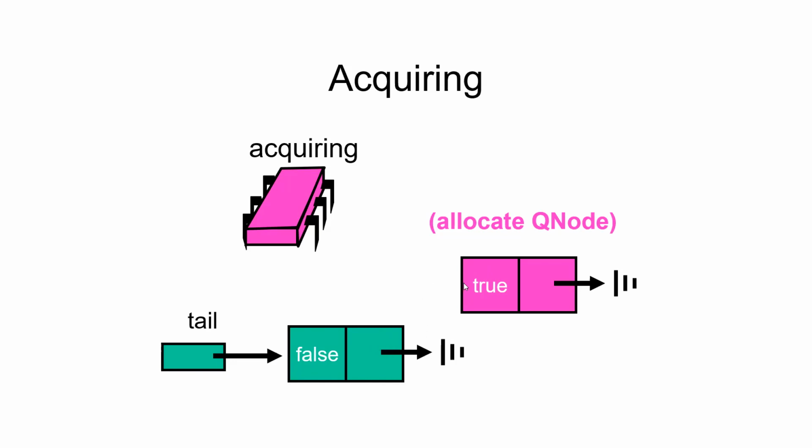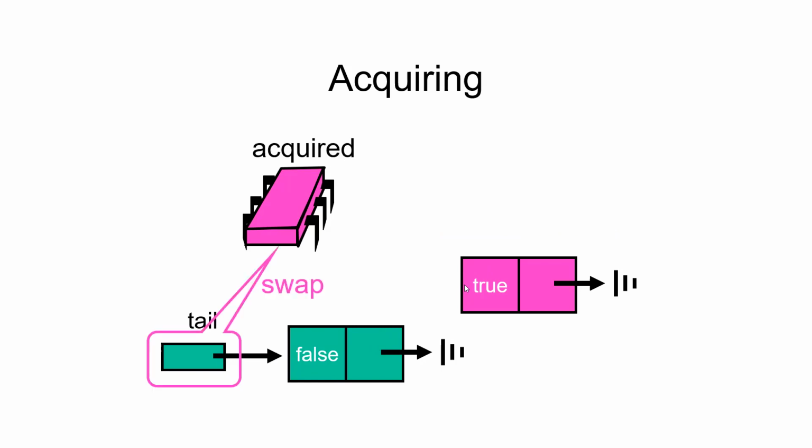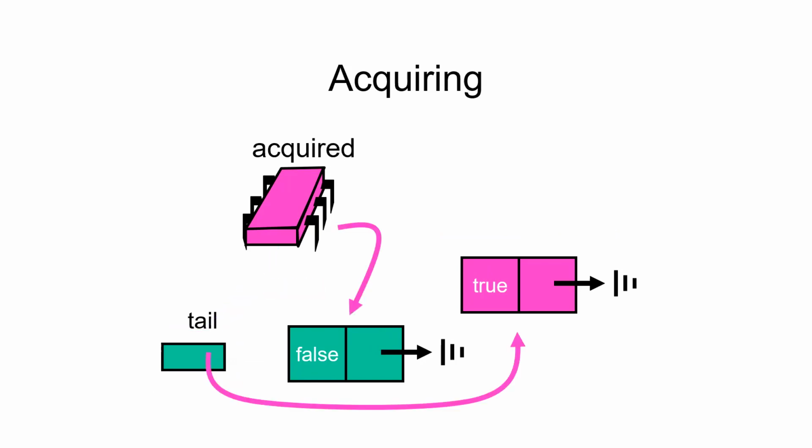We do that in a single step. So the tail will point to the last node, and the green color queue node will be pointing to the pink color queue node. So this is the step, right?